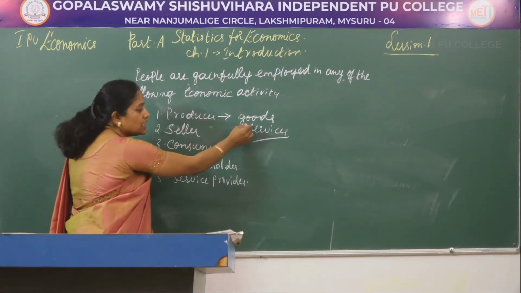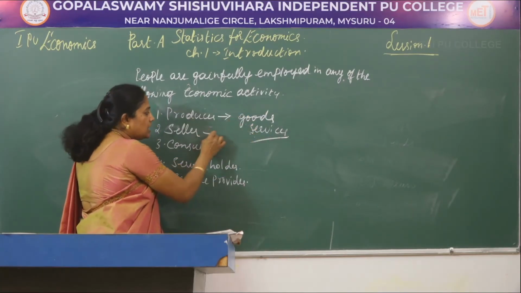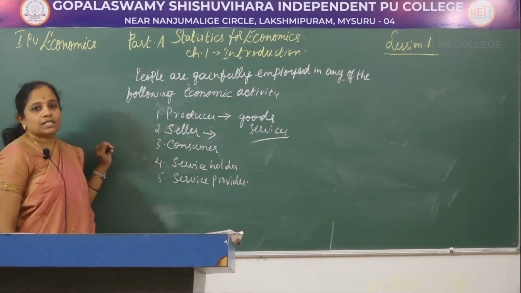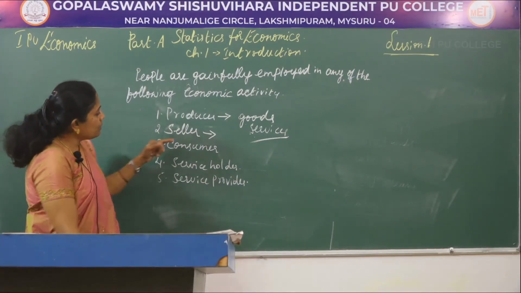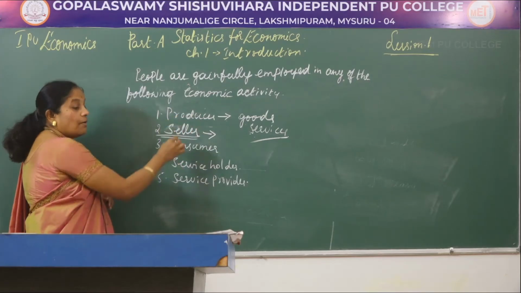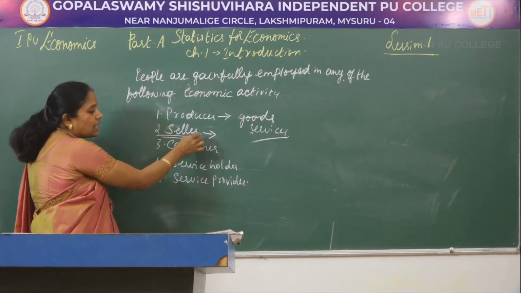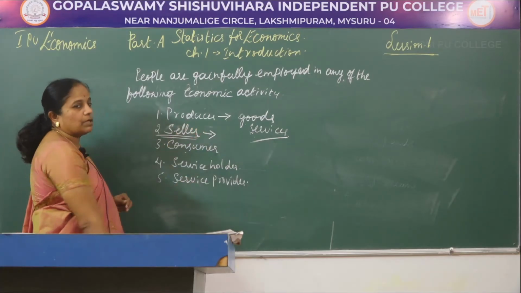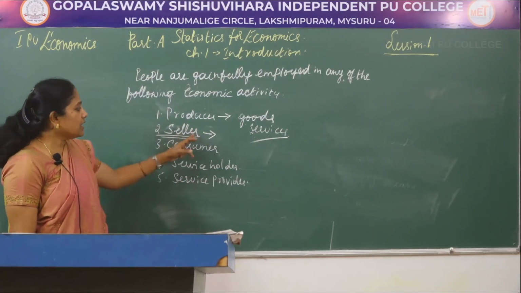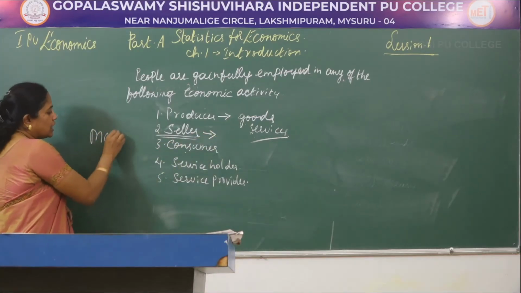Then after these goods are produced or services are generated, they are sold by some other persons, and these people are meant for the trading activity. They are not into production, but they are consumers also. So this selling is the major economic activity. Here we can find these sellers in a market area.